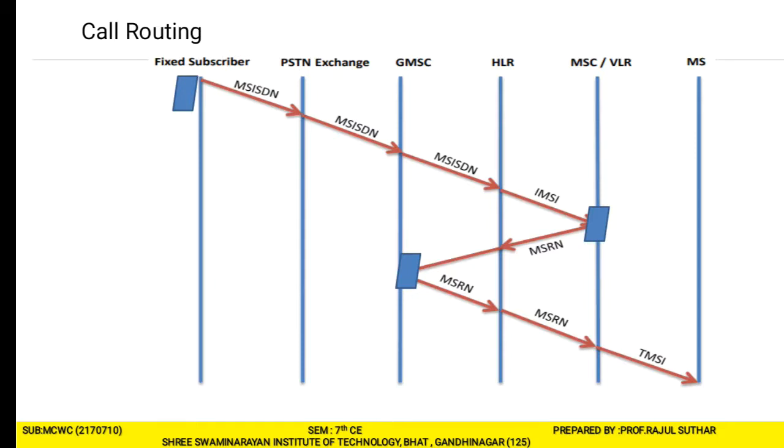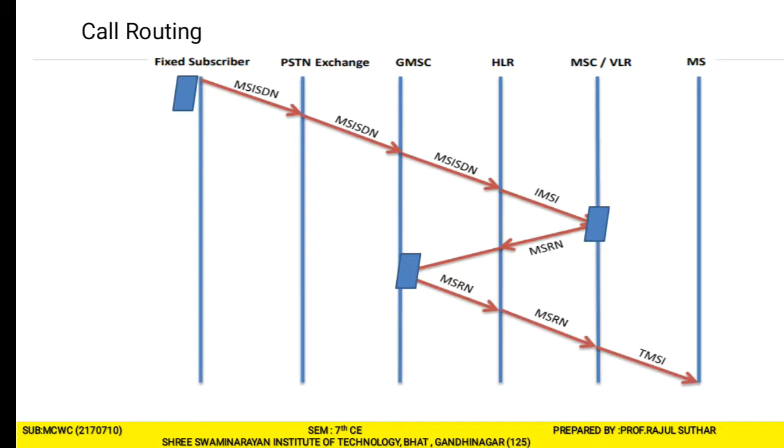The process of locating the MS when a call is placed is complex. An incoming call is directed to the gateway MSC, GMSC, which is an MSC with added functionality to query the HLR, the home location register database, for routing information.